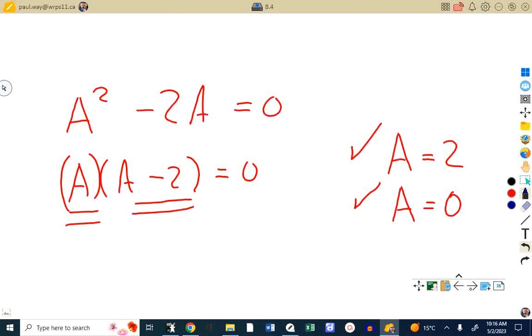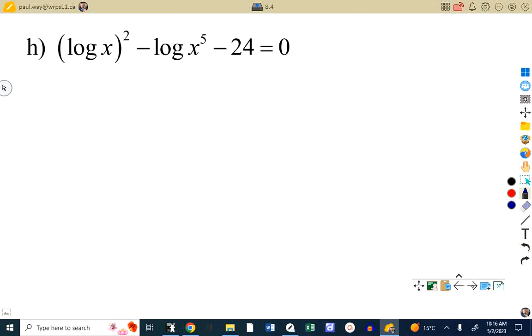This one is very similar to the one we just did, except instead of just having two terms where you factor out a common factor, we're going to have a full-blown quadratic of ax squared plus bx plus c. Of those two exponents you're looking at, the 2 and the 5, which is allowed to be moved in front?